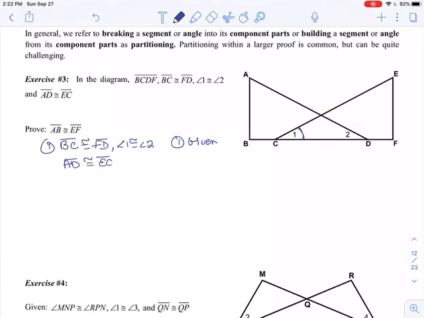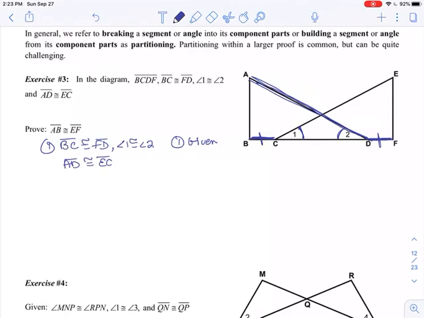All right, so these two triangles are overlapping. Angle 1 is right here, and it's congruent to angle 2, but angle 2 is actually part of triangle ABD, and angle 1 is part of triangle EFC, but that's nice. I have BC, which is this little tiny part here, congruent to FD, which is this little tiny part, and I have AD, which is this whole side right there.